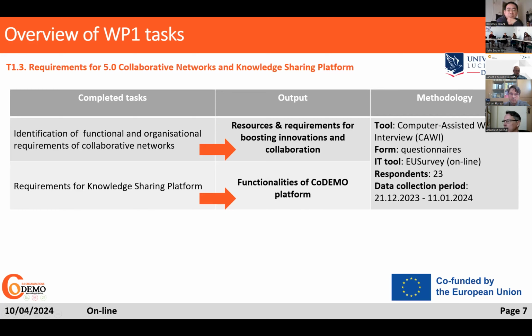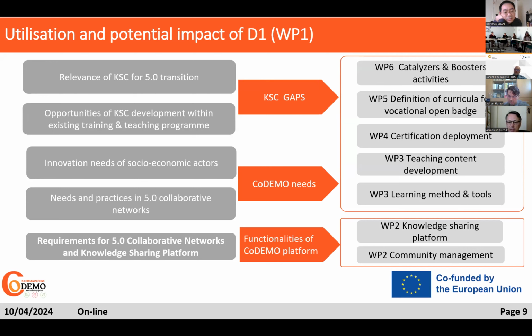To conclude my brief introduction to the next presenters, I would like to point out the possibilities for the use and interaction of the recommendations we have developed with the subsequent tasks and work packages of the project. I have provided, as you can see, some examples of potential areas of interaction in this diagram.